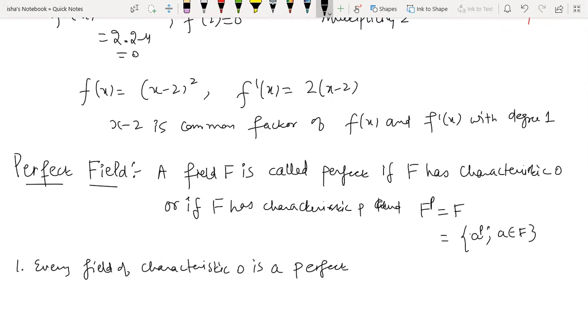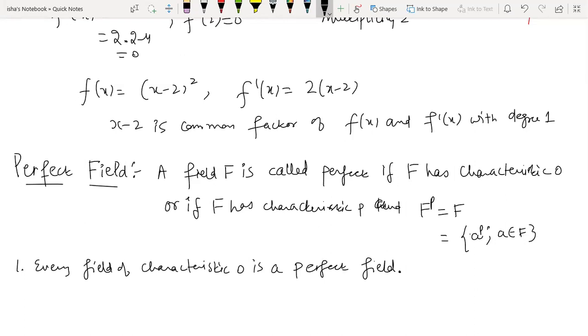Yes, can you give examples of fields of characteristic 0? Ma'am, integers. Is integers a field? Integers is an integral domain, not a field.